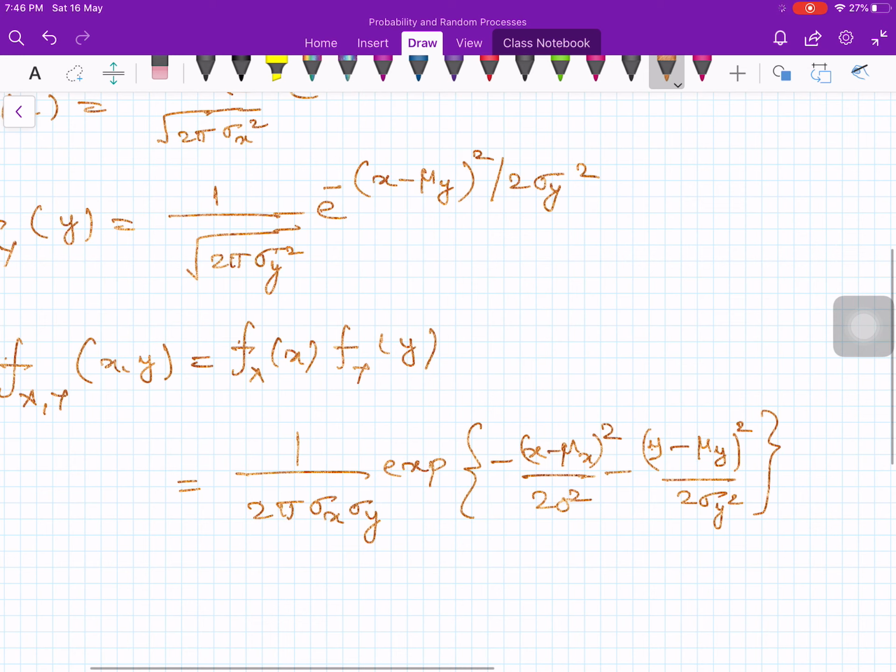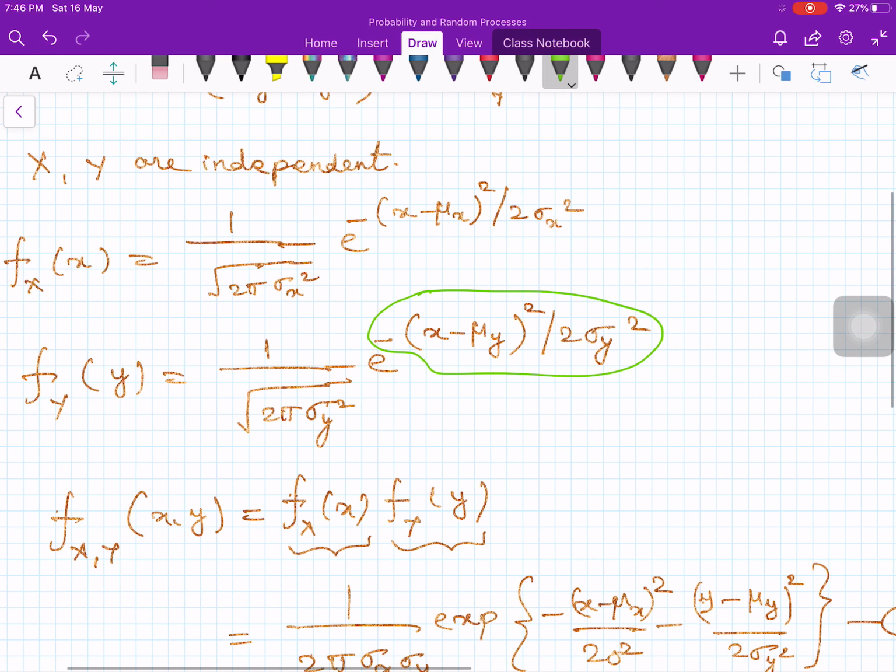Let me call this equation number 1. If they are independent, by definition the joint PDF is the product of the individual PDFs. You take this one and this one and take the product of those two PDFs. Each one of them involves an exponential of something: here I have the exponential for the random variable y, and here the exponential for the random variable x.